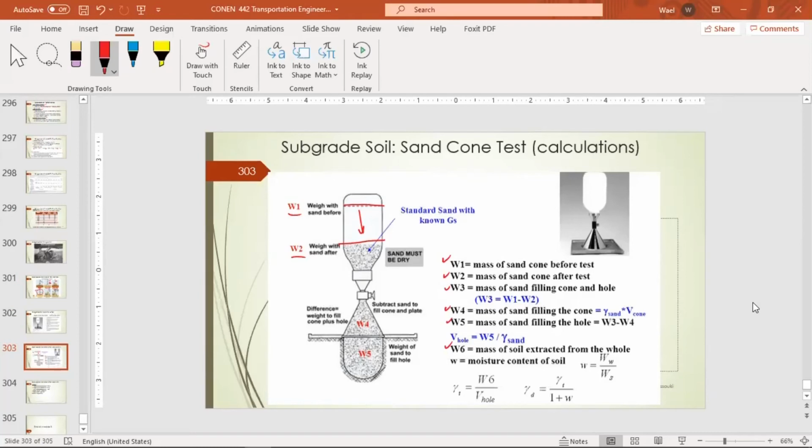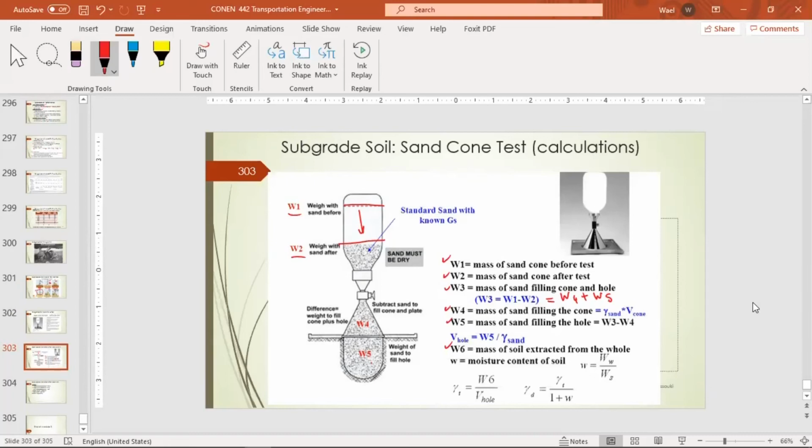The difference will be W3. W3 is equal to W4 plus W5: the weight of sand in the cone and the weight of sand in the hole. So W4 is the mass of sand filling the metal cone, and W5 is the mass of sand filling the hole.